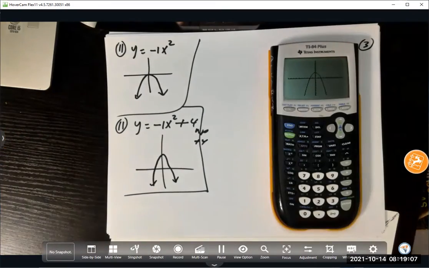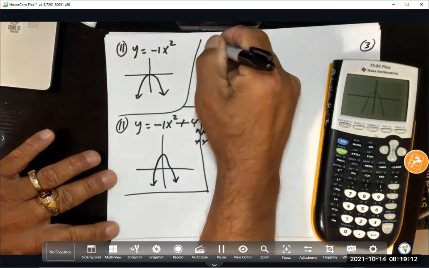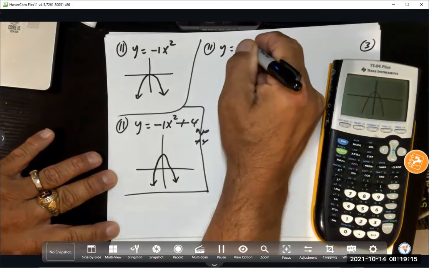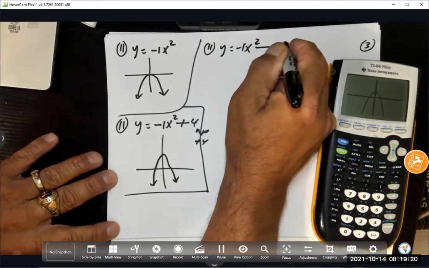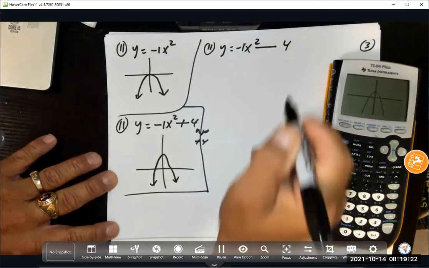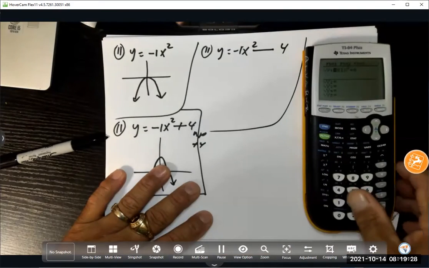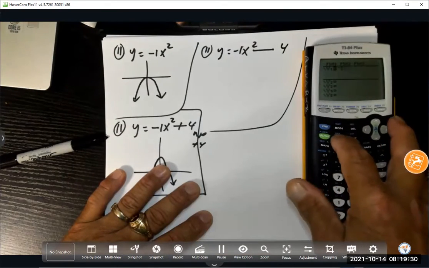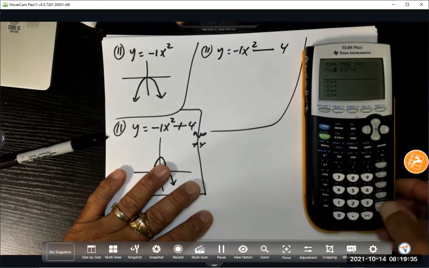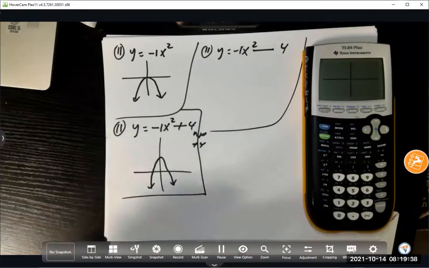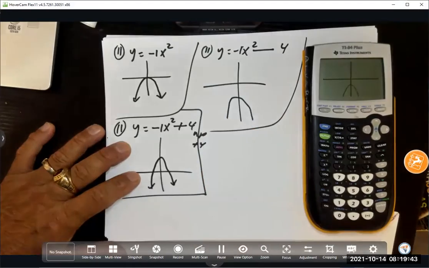Does that make sense? Yes. Up 4 spaces. And if I do this one, y equals -1x squared minus 4, let's just do that. Put that one in there. Y clear, -1x squared minus 4. Still gonna be upside down, but it's gonna be down here somewhere. Y'all get something like that?